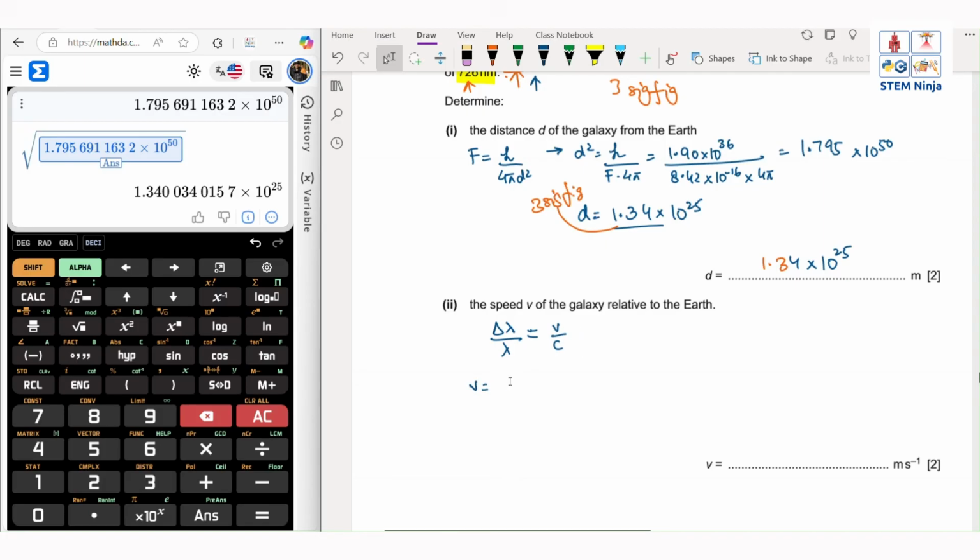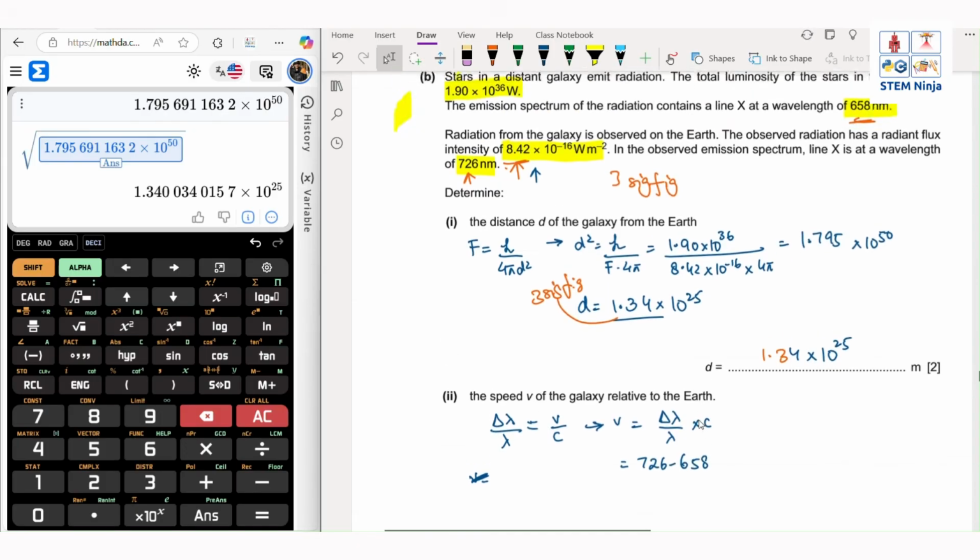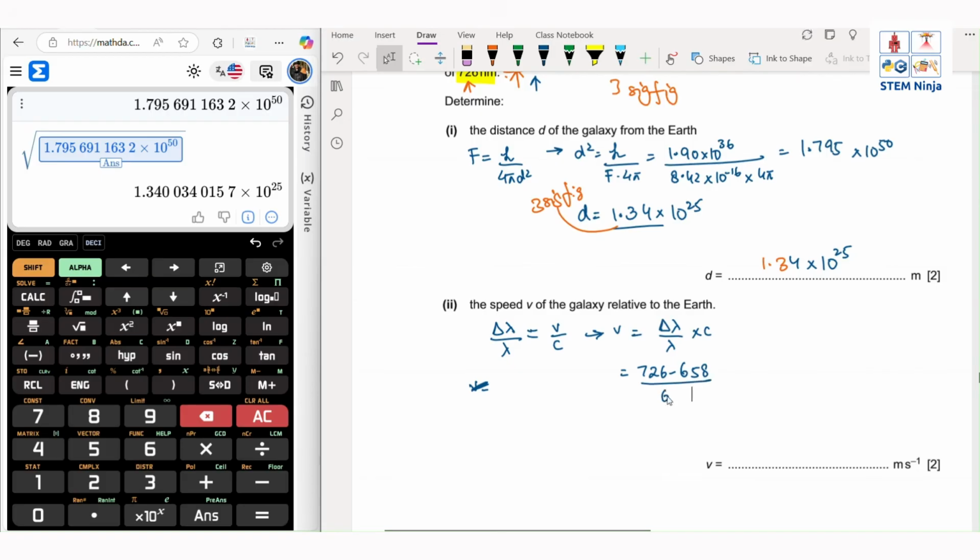So v will be simply delta lambda over lambda, sorry, it's the other way around, times c.